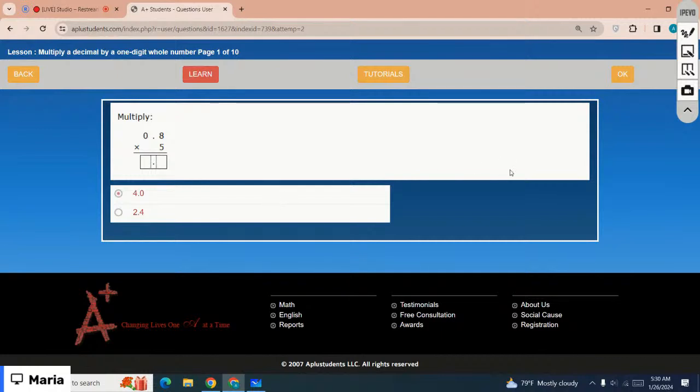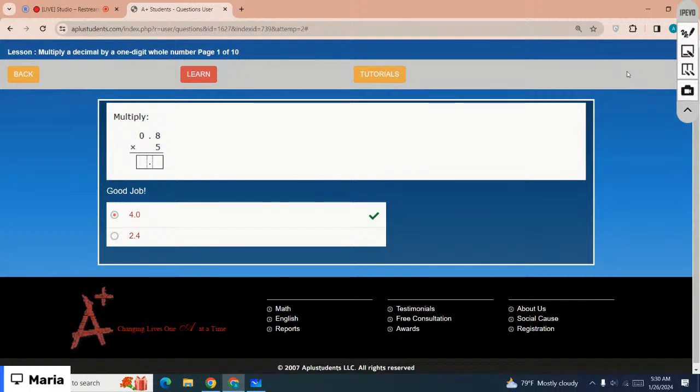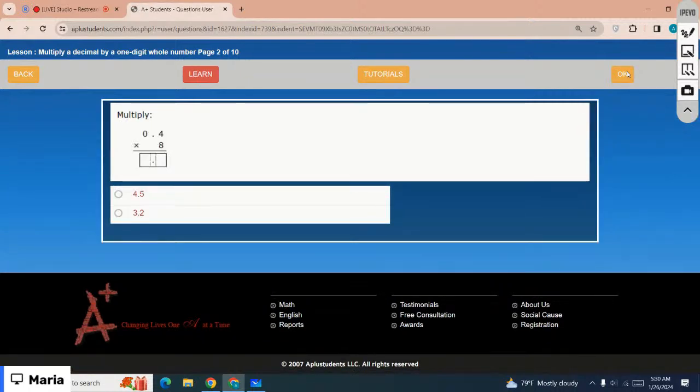Very good. The correct option is option number 1. Next, 0.4 times 8, which is the correct option? Yes, that is 3.2. Option number 2 is the correct option.